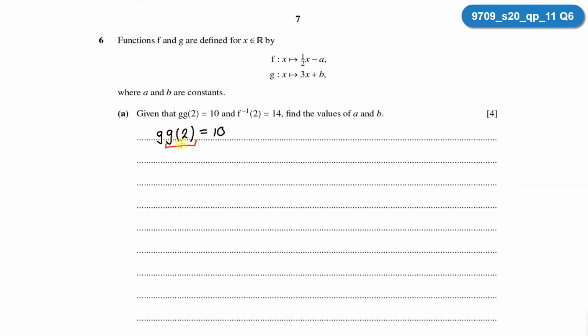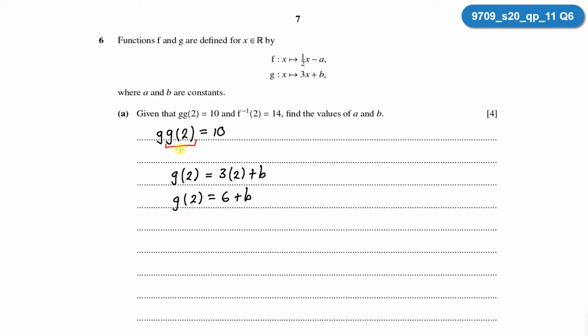So I'll work out g of 2 first. For g of 2, if I go to the function g, g of x is equal to 3x plus b, which means I'm inputting 2 in place of x. So g of 2 should come out as 3 of 2 plus b, and that's 6 plus b.